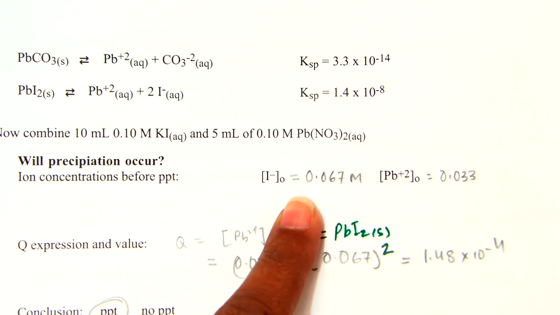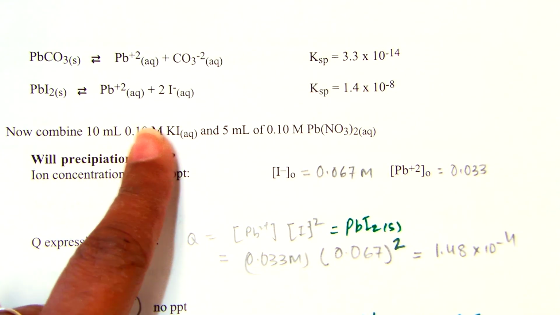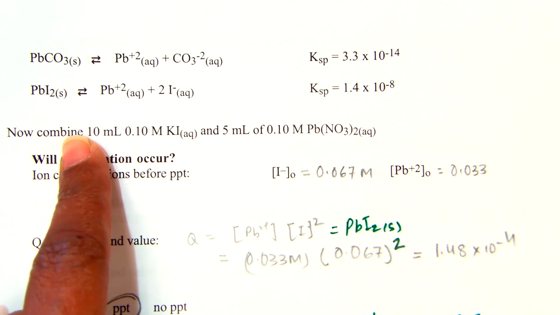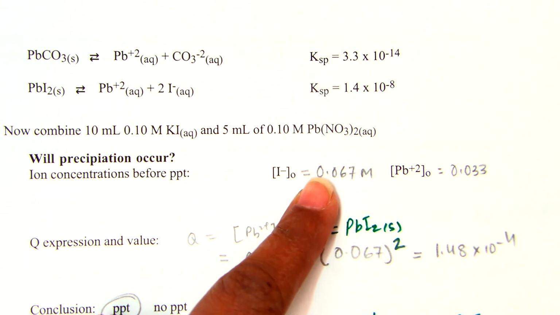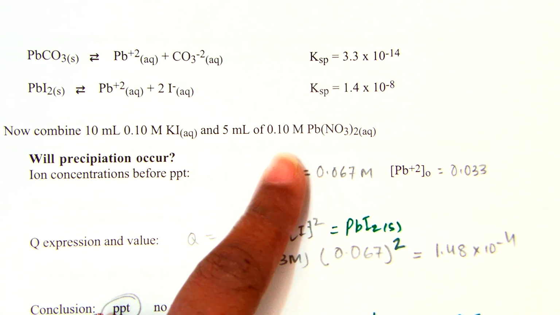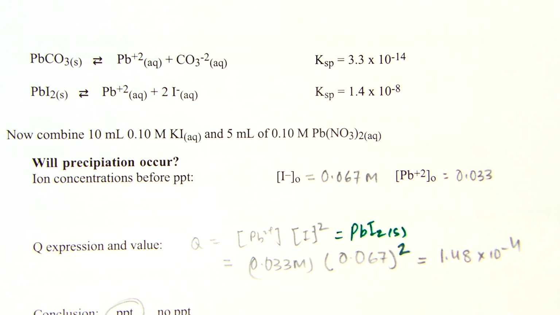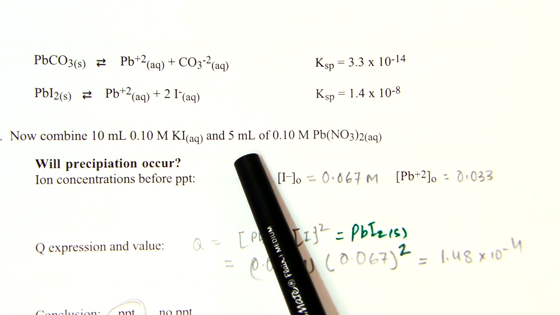That's the same amount of moles as I minus, divided by total volume, which is 15 mLs, 10 and 5, and you'll get 0.067 molarity here. To get the molarity of lead ions, again first get the moles of lead nitrate by multiplying molarity with volume and dividing by the total volume of 15 mLs, and you get the molarity of lead ions as 0.033.